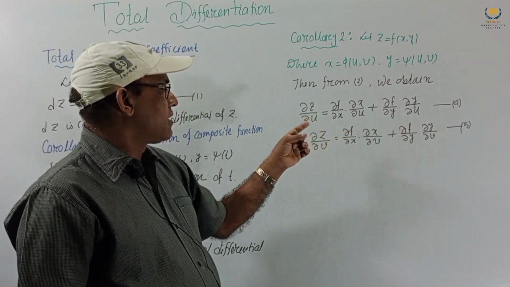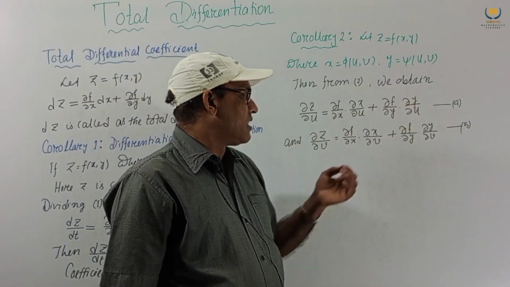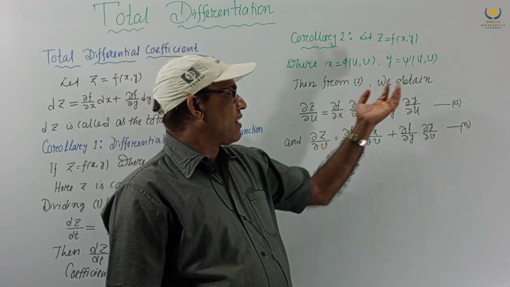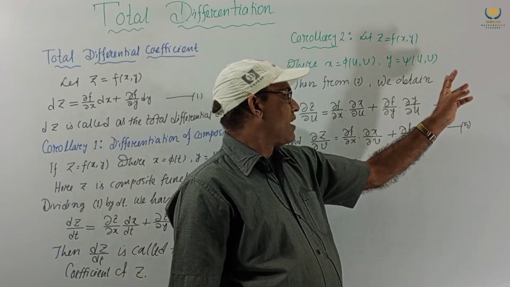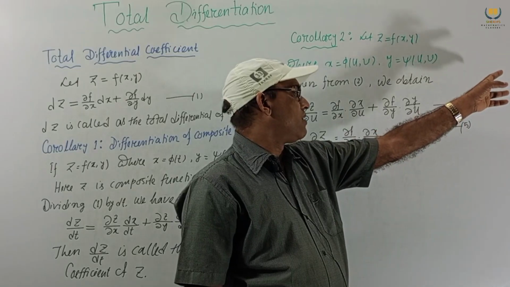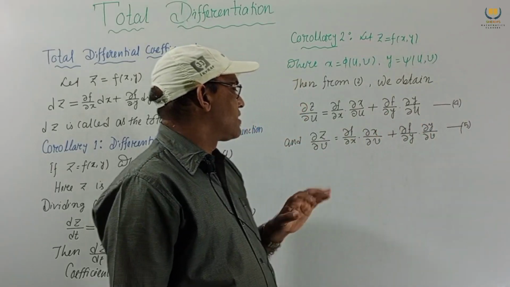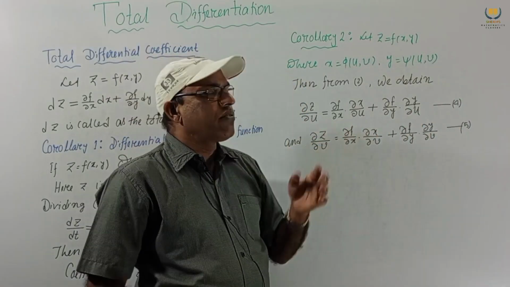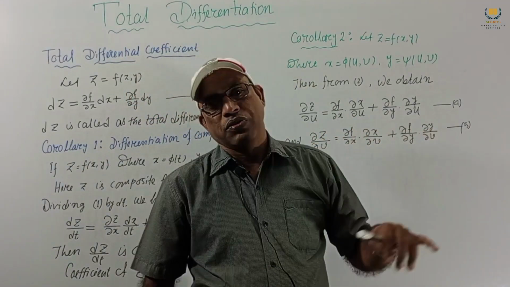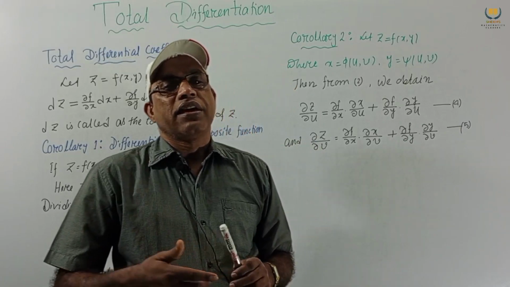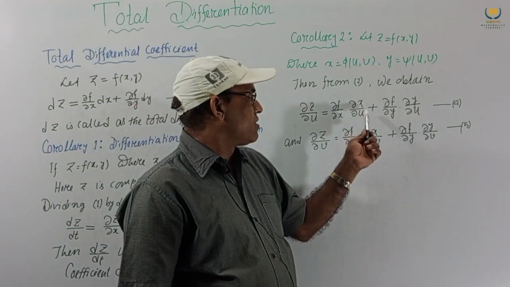If there is another variable, we can extend it with del f by del z, del z by del u, just like this. When we solve problems using the chain rule in partial differentiation, we use this formula.